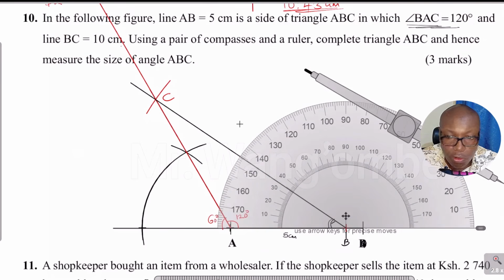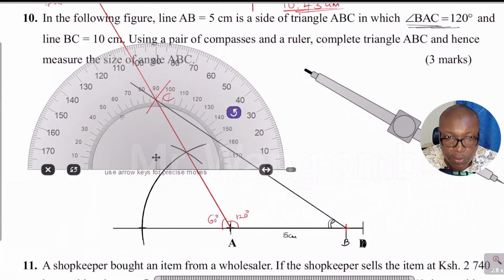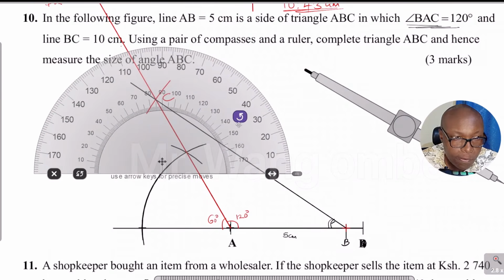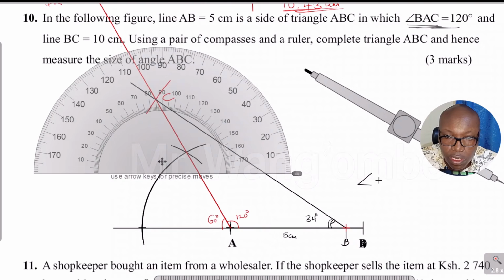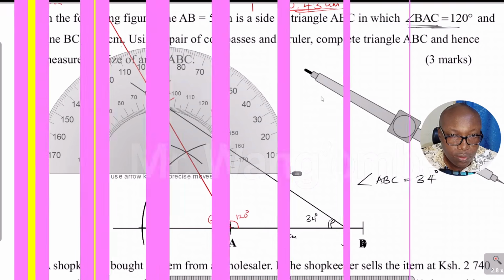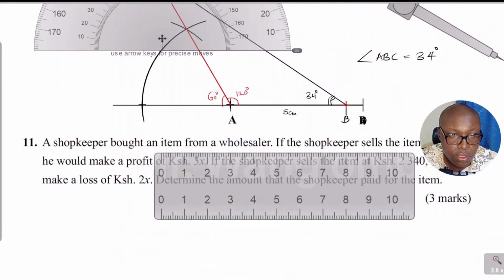So that angle is 34 degrees. So angle ABC is equal to 34 degrees. So that is how you're supposed to solve that question. We can proceed to the next question.